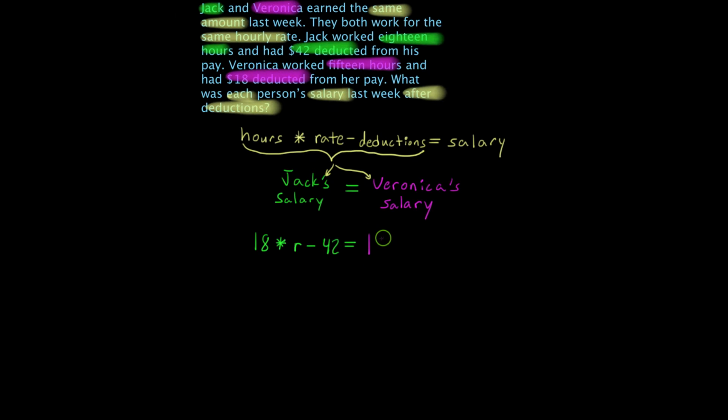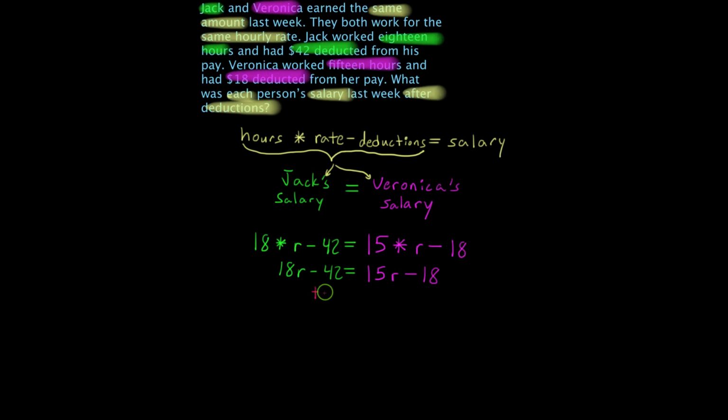So Veronica, she works 15 hours, and her rate is also R. And we're going to subtract her deductions, which was $18. From here, I'm going to simplify the equations, combine like terms, and isolate the variable. So I have 18R on this side minus 42 is equal to 15R minus 18.